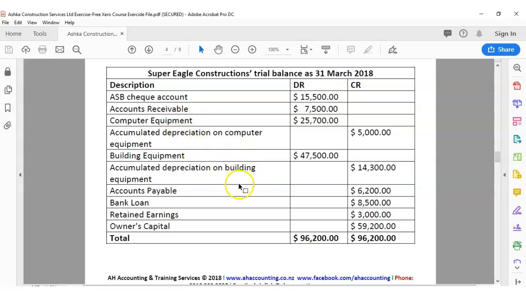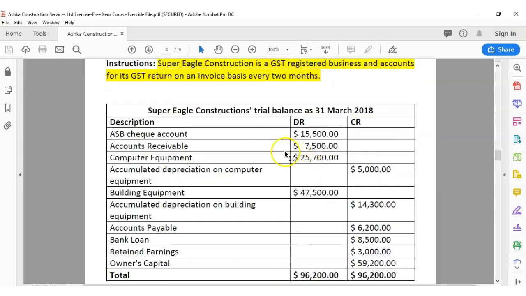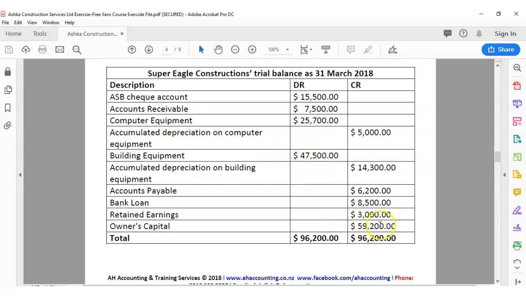And in order to use Xero properly, we need to enter this historical information. Xero terms them conversion balances. In accounting, we call them opening balances. And it is very important to know that some of these are general account balances, but if you have accounts receivable balances, accounts payable balances and inventory balances, you also need to have the breakdown of accounts receivable: how many invoices it consists of, how many customers, and what their balance is.